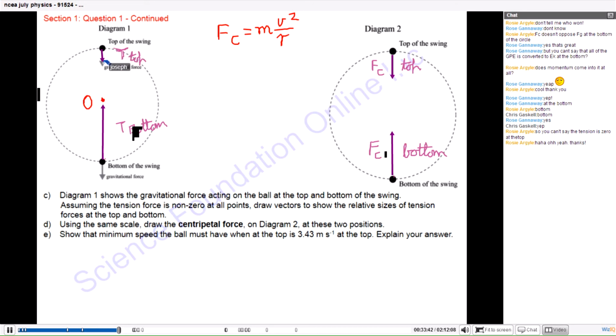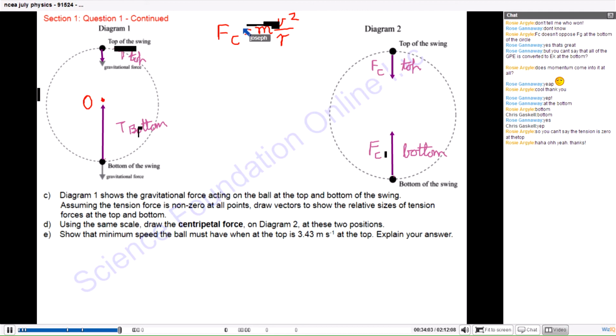The gravitational force on it will cause it to just accelerate vertically downwards. Remember, the tension force at the top is smaller than the tension at the bottom. And of course, how small that is depends on the speed, because that determines how much centripetal force is needed.